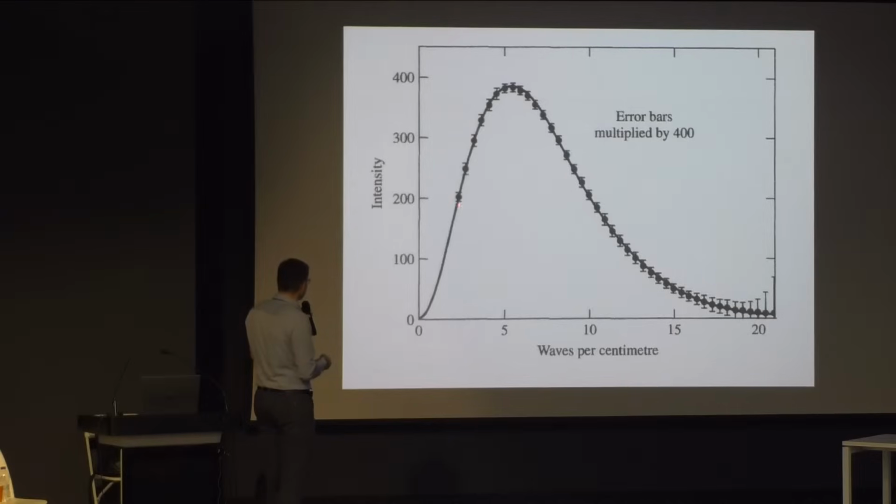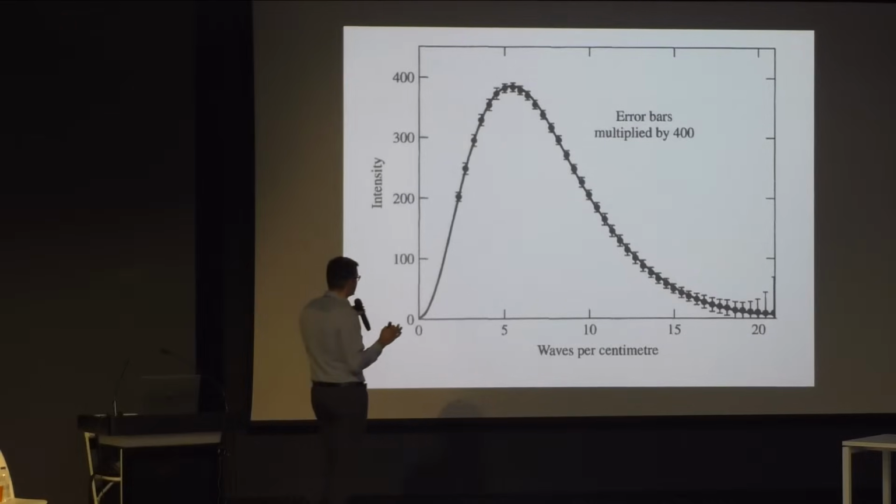And these dots with error bars are the measured brightness at different wavelengths. And this line corresponds to the temperature of 2.73 kelvins. And you see these error bars are multiplied by 400. These are the measurements with the most precision in the history of science, I think.